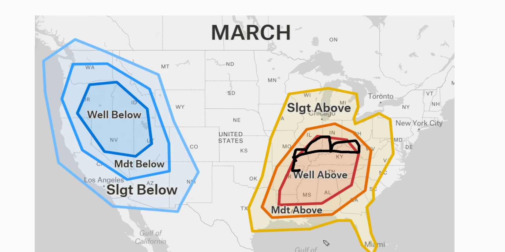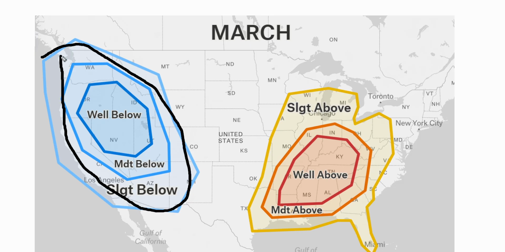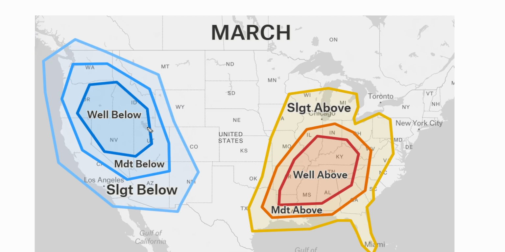This would allow for a lot of that moisture to funnel very far northward, as well as the enhanced Atlantic moisture and temperatures. And then I do have a slightly below average for most of the western U.S., because I looked at the analog years and just saw a lack of anything out there. I believe in March only 3 tornadoes occurred in the 3 analog years that I looked at.